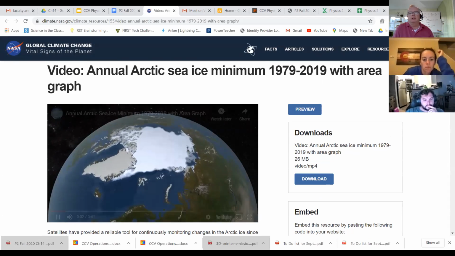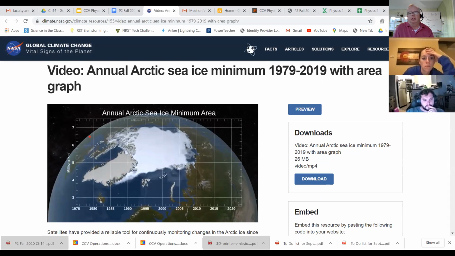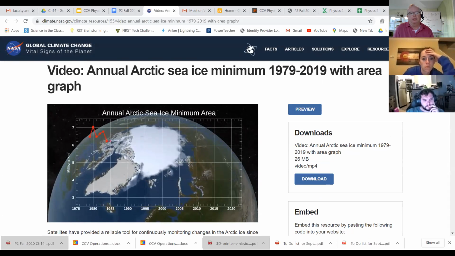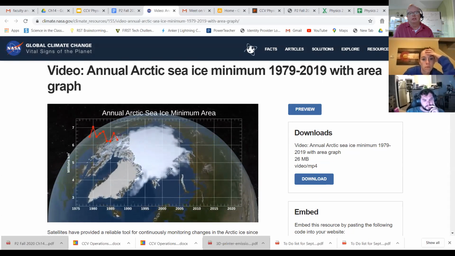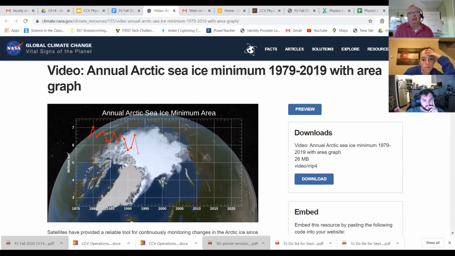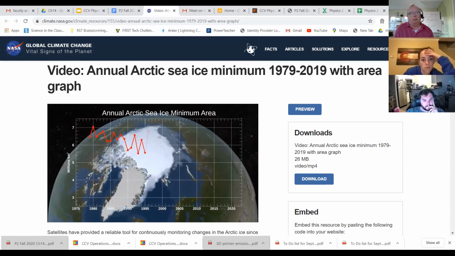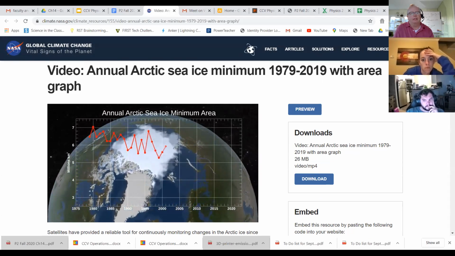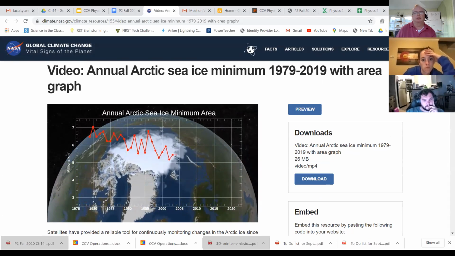This is showing 40 years worth of satellite imagery of the polar ice cap at its minimum. I know this isn't a new story for you.